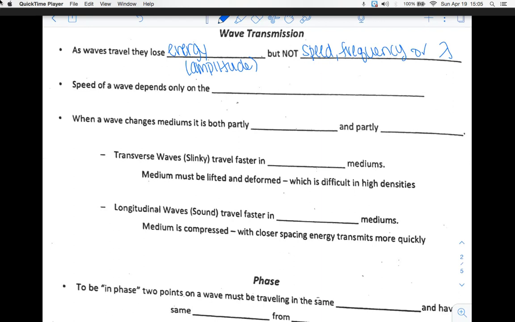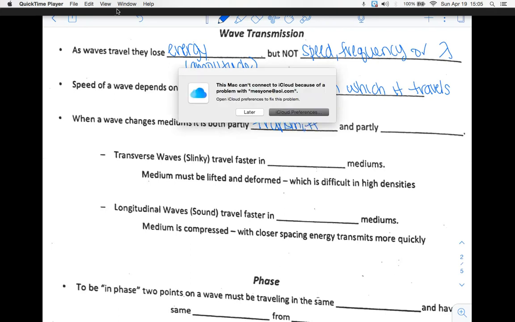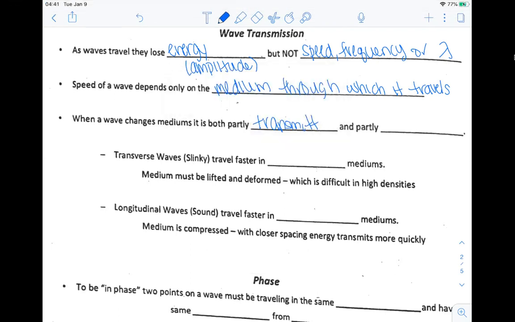The speed of a wave depends only on the medium through which it travels. When a wave changes mediums, it is both transmitted partly and partly reflected. That's what we talked about last time.